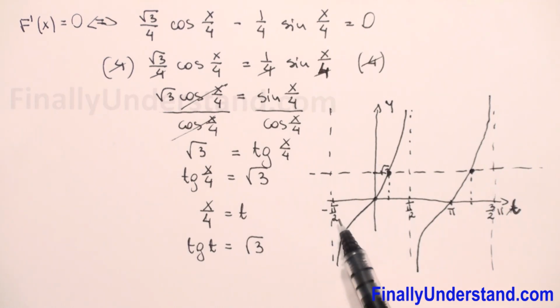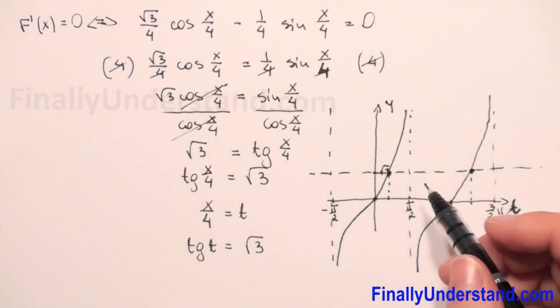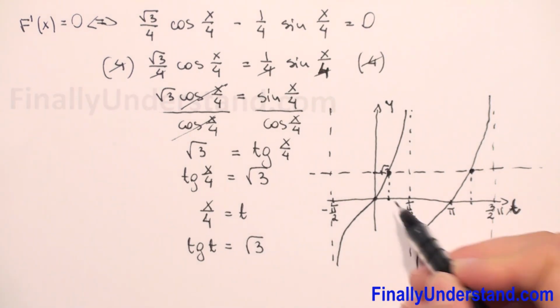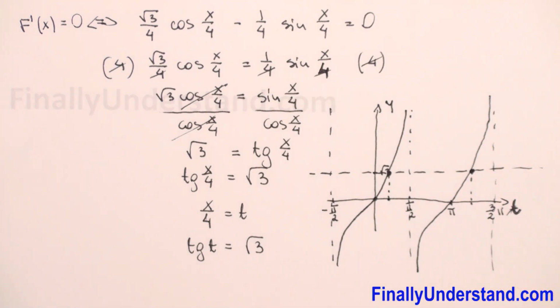And because tangent repeats every pi, this solution repeats every pi. So when we find this t, we just have to add pi to have the next solutions.